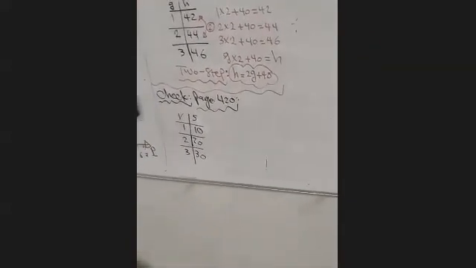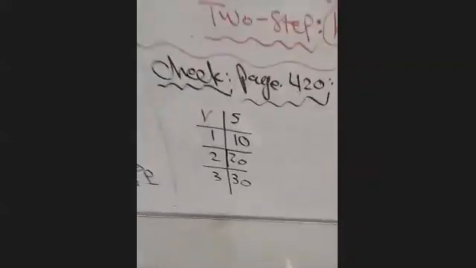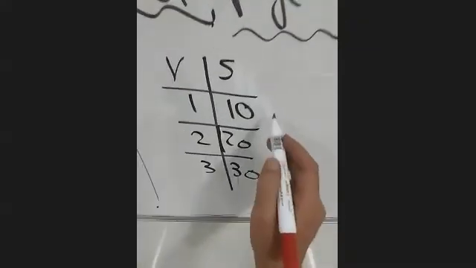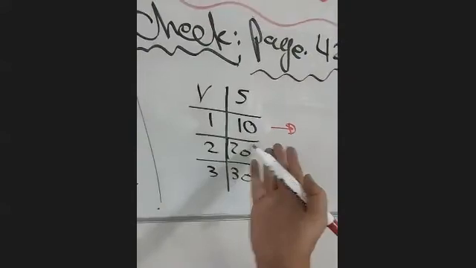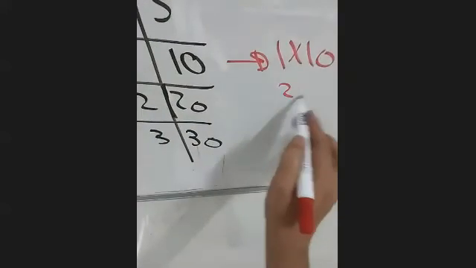We will think about the formula, Najm, right? Quickly. We multiply 1 by 10 equals 10. 2 by 10, 20. 3 by 10, 30.